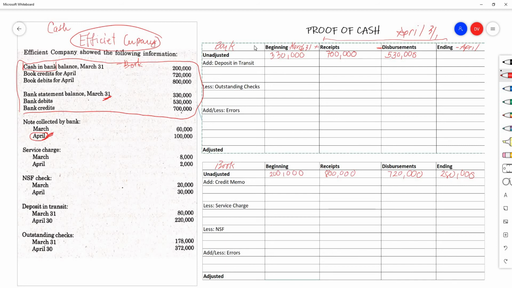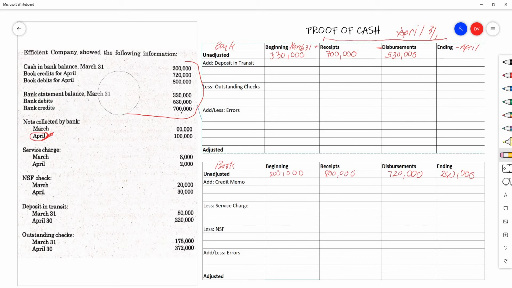Pag kine-credit niya yung pangalan ng company, nadadagdagan ng cash. Kaya pag kine-credit mo to, nadadagdagan ang cash ng company. Paano pag dinedebit? Di mababawasan yung cash ng Efficient Company. So, yan yung simple na understanding nung tawag dito, nung bank credits and debits.